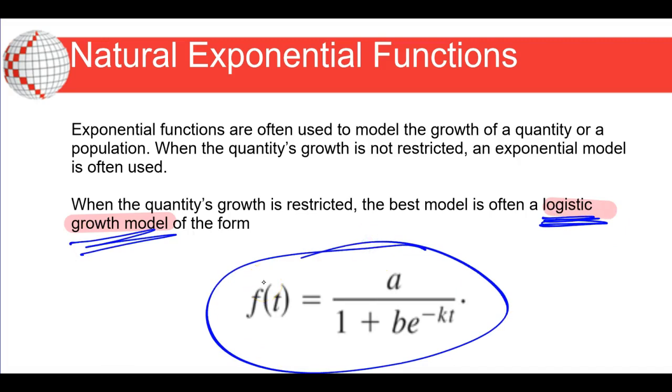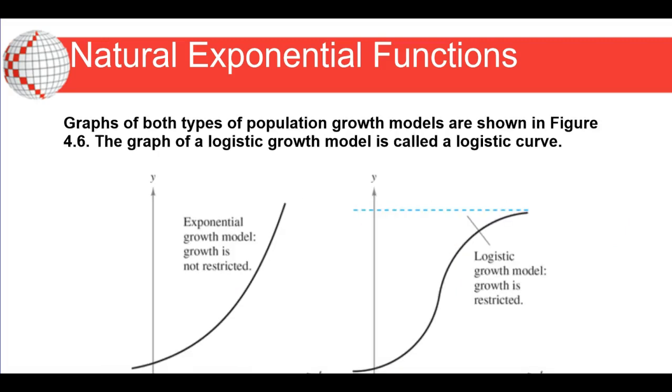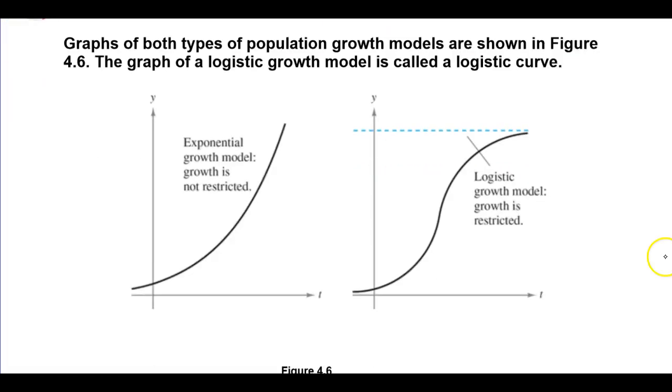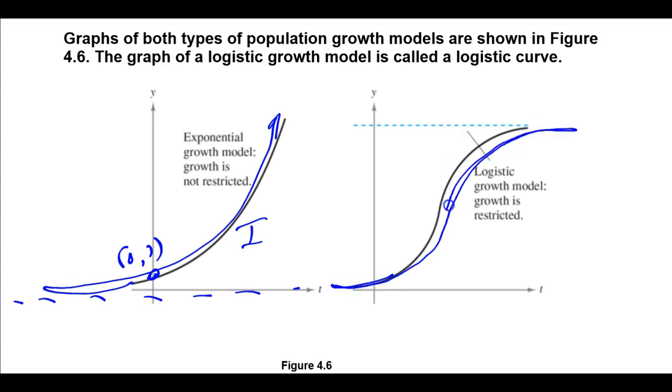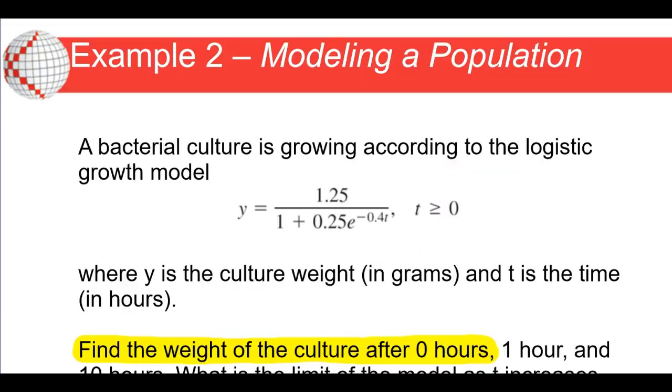Let's start with an example of this logistic growth. An exponential function, of course, looks like this, where you've got a horizontal asymptote at y equals 0. In the real world, you're only really talking about the start value, 0 comma 1. But a logistic growth model has an S shape.